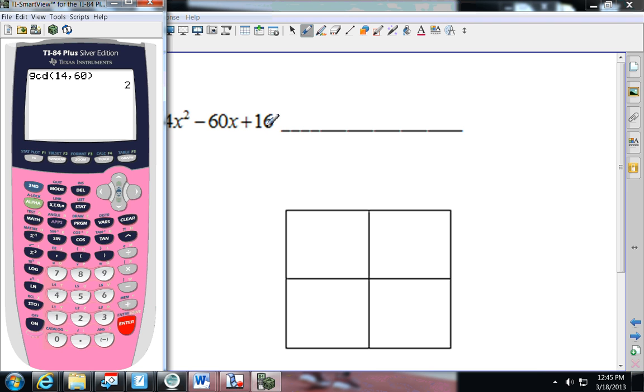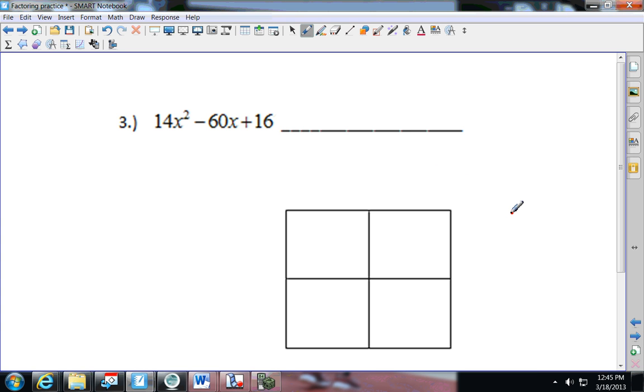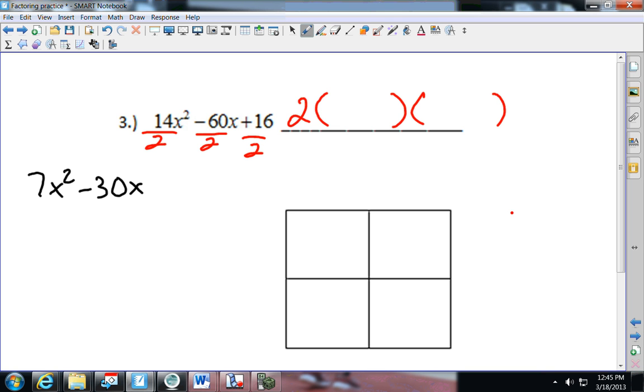Well, does 2 go into 16? Sure does. So that means my GCF is going to be a 2. So the 2 will come out here. And let's see what happens. So let's divide everything by 2. I get 7x squared minus 30x plus 8.